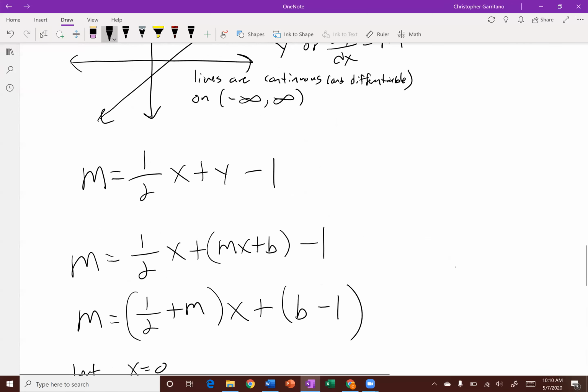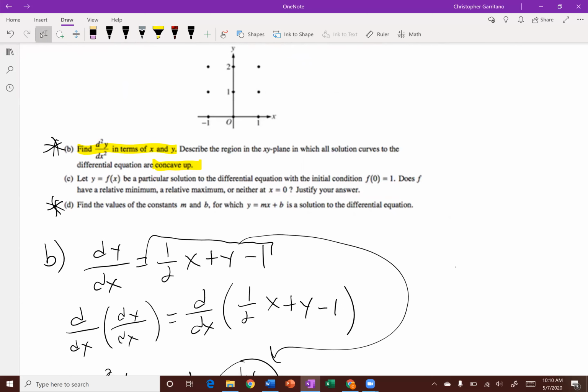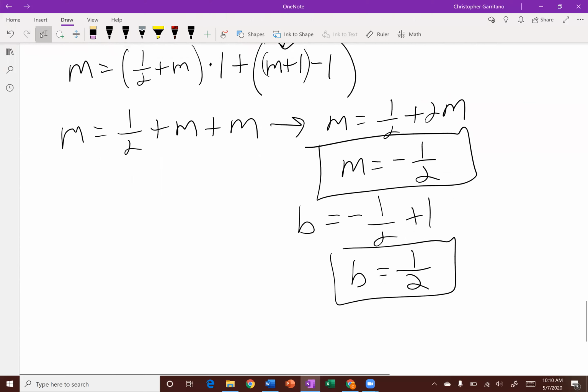So that would be the final answer for part D. Very tricky question. It does require a pretty good understanding of what's going on when we are given a differential equation. The key is just to understand that a differential equation simply tells us the slope of the tangent line at any point along the solution curve.